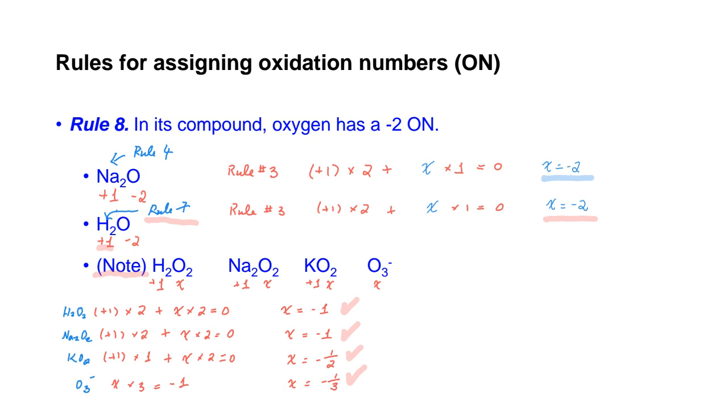Another point I want to make is that the oxidation number can even be a fraction. For example, in the case of KO2, the oxidation number of oxygen is -1/2, and in the case of the O3 minus ion, the oxidation number of oxygen is -1/3. So you're not supposed to be surprised if you find the oxidation number in the form of a fraction, okay?